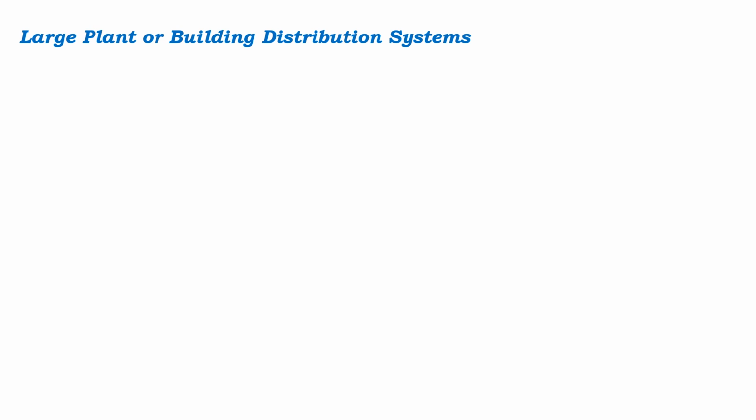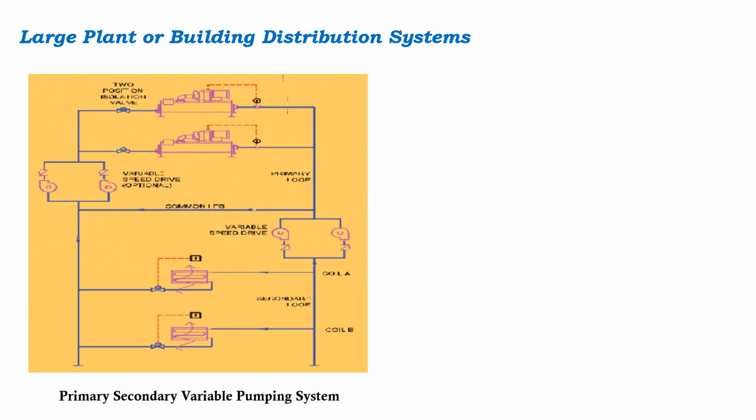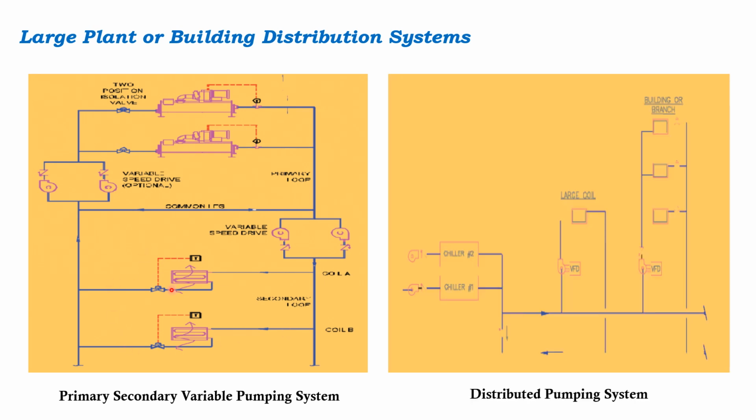So for a large plant in the building, we have seen one option is the primary secondary variable system, where the primary pumps are there, chillers are there, and secondary variable pumps take care of the cooling load. But for large buildings, the distributed pumping system is becoming an edge system over the primary secondary variable system. Here the primary pumps are over here, the chiller is over here, and these primary pumps are pumping water into the header.